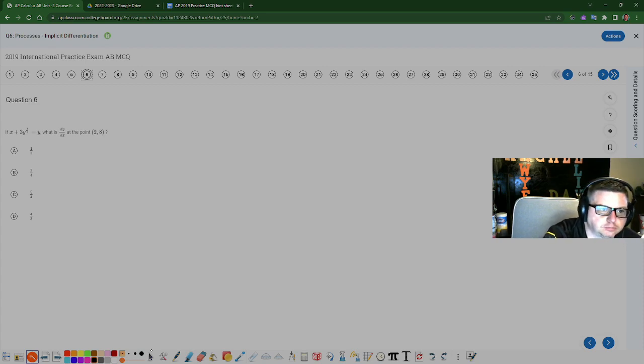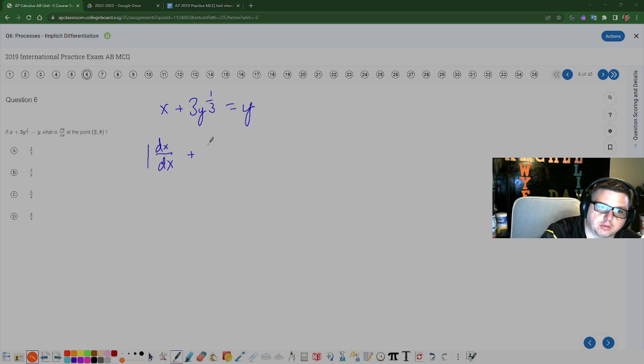Let's write the equation. x plus 3y to the 1/3 equals y. Okay. And let's take the derivative. If we take the derivative of x, that's going to be 1, derivative of x with respect to x.